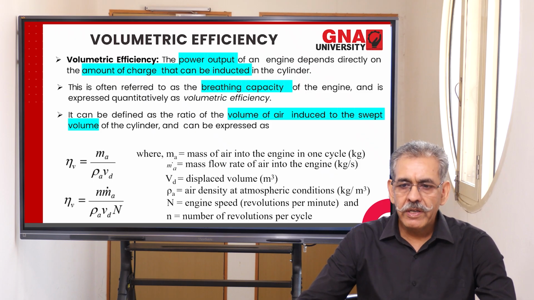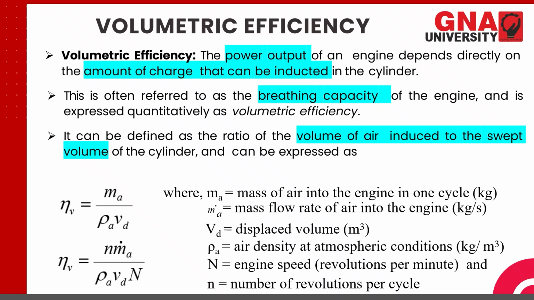Next is the volumetric efficiency. So volumetric efficiency represents the amount of charge that we are sending inside the cylinder. The power output of an engine directly depends on that amount. So this is often referred to as the breathing capacity of the engine also, and is expressed quantitatively as volumetric efficiency.